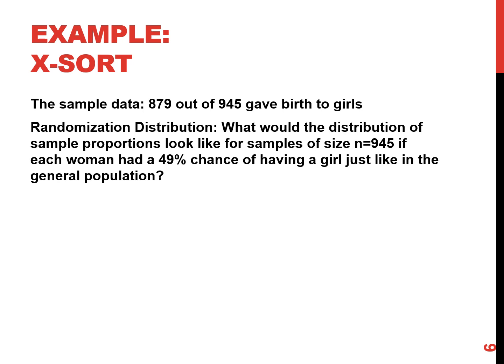The randomization distribution we're going to simulate will show what the distribution of sample proportions looks like for samples of the same size, n equals 945, if every woman in the population had a 49% chance of having a girl. So what kind of statistics might happen by chance if the null hypothesis is true? We're going to simulate this distribution using StatKey, and we'll walk through the steps.